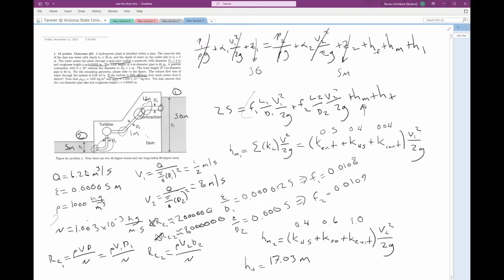To do that, I can say that my power equals rho g q times head. This is the conversion factor, if you will, to get from head to power. I know density, I know gravity, we know Q, that's that 6.28. So if I multiply this by 17.03, I get a power value of about 1,048 kilowatts or so.